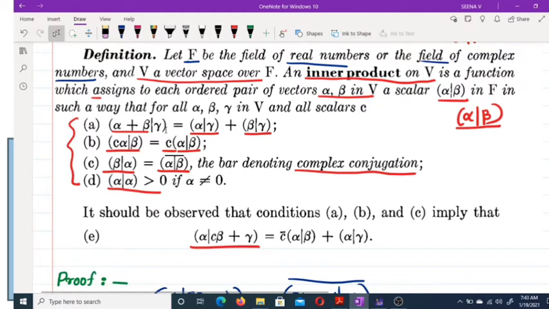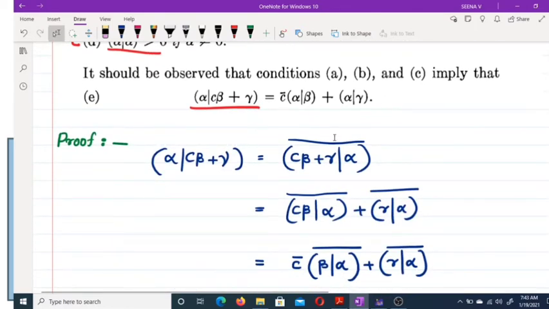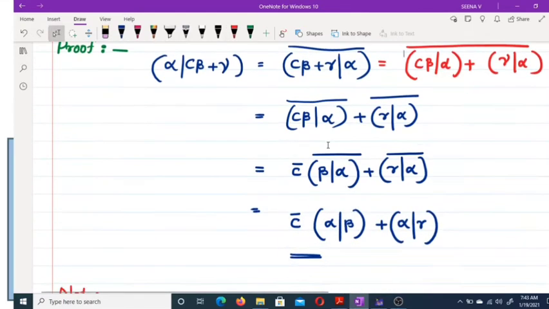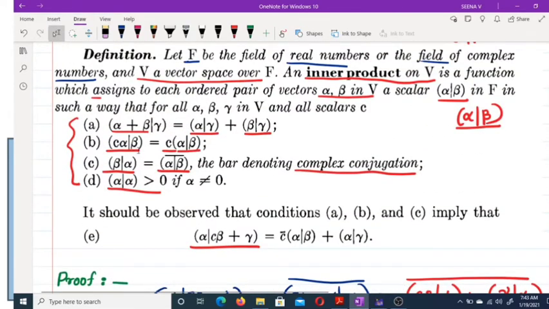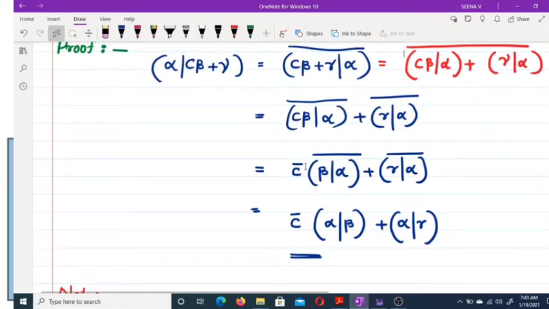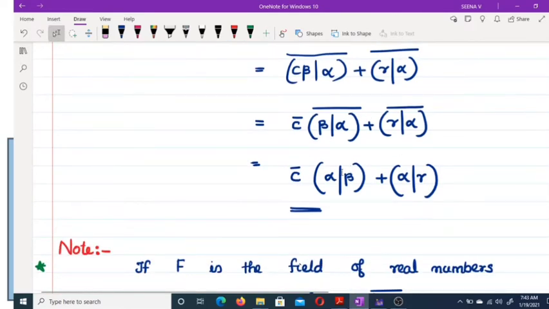Again apply the first property, inner product of alpha plus beta and gamma. If you apply this property here, this is equal to the conjugate of inner product of C beta and alpha plus inner product of gamma and alpha. Now using the second property, inner product of C beta and alpha is C times inner product of beta and alpha, so with the conjugate, we get C conjugate times inner product of alpha and beta plus inner product of alpha and gamma.